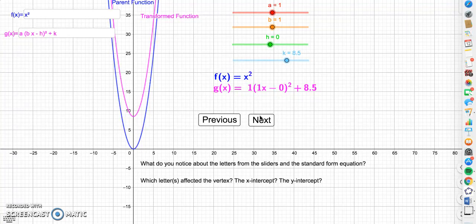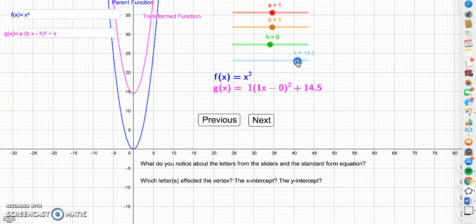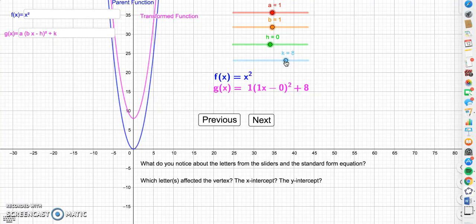Okay, so then some extra questions: what do they notice from the sliders in the standard form equation, which is what I wanted them to notice from the beginning as they use the sliders, and how the slider affected the equation. I want them to answer something along the lines that the placement of A, H, and K have to do with the sliders.